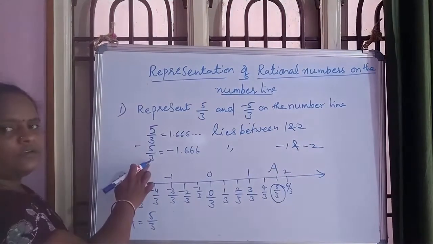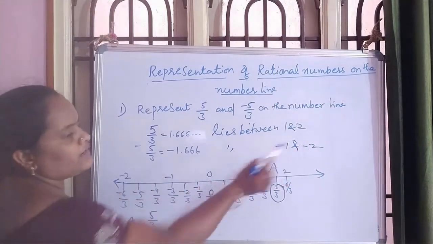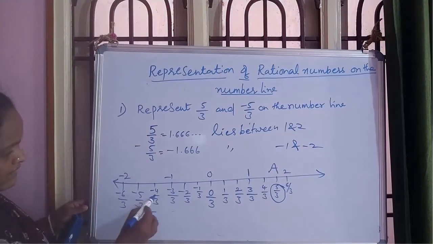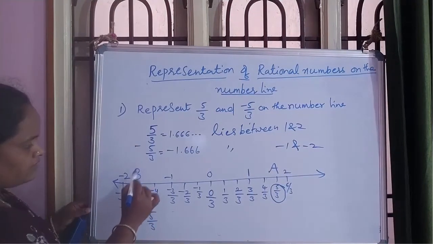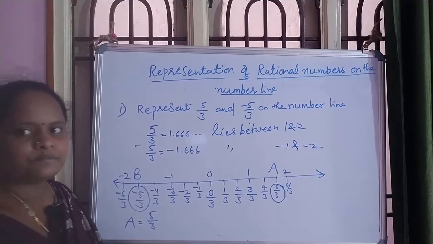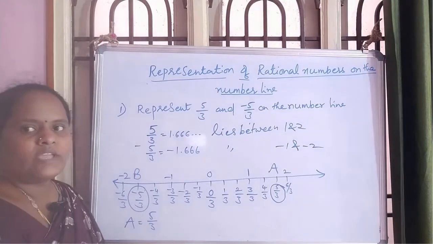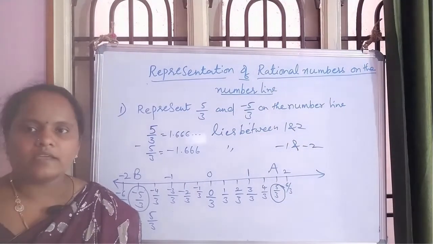Next, move on to the next number, minus 5 by 3. It lies between minus 1 and minus 2. So between minus 1 and minus 2 we have minus 4 by 3 and minus 5 by 3. This is our minus 5 by 3. So children, this is how we represent rational numbers on the number line in an easy way.